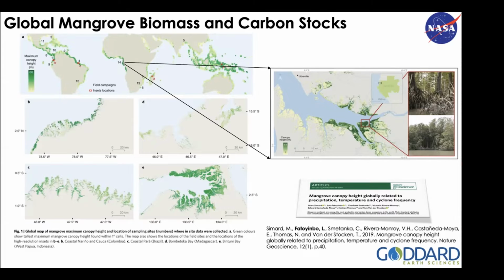Some do work very well in mangroves and some do not. So I think that is sometimes a bit of a confusion, and I'm happy to talk about it later if you would like more insight into which maps to use for mangrove canopy height or biomass or carbon stocks.